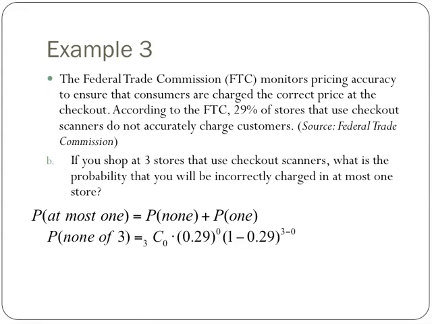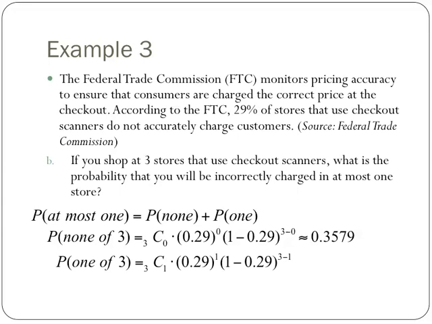So the probability that none of the 3 incorrectly charged you, that's 3 choose 0, times 0.29 to the 0, times 1 minus 0.29 to the 3 minus 0. That comes out to be about 0.3579. Now find the probability that 1 out of the 3 incorrectly charged you. That's going to be 3 choose 1, times 0.29 to the first, times 1 minus 0.29 to the 3 minus 1.